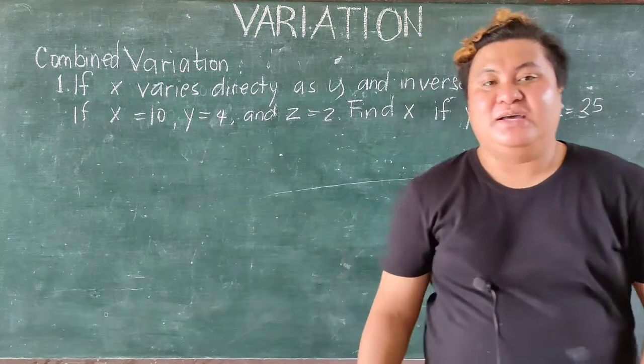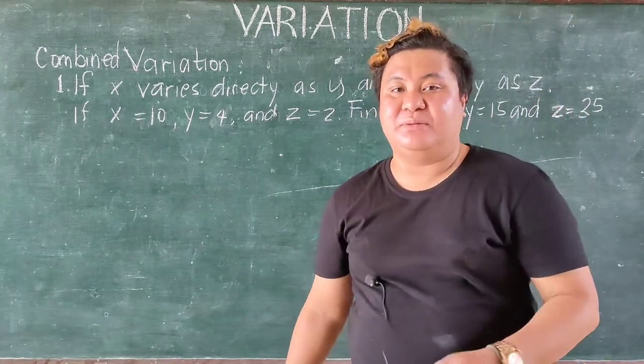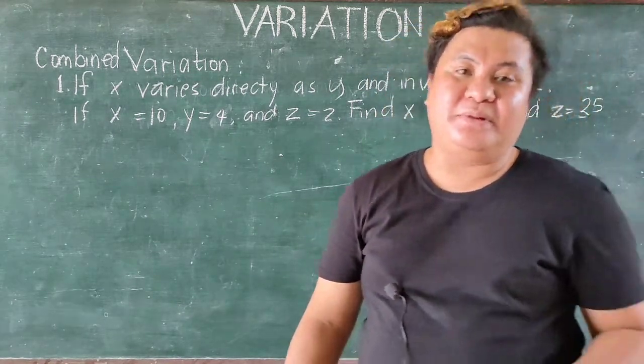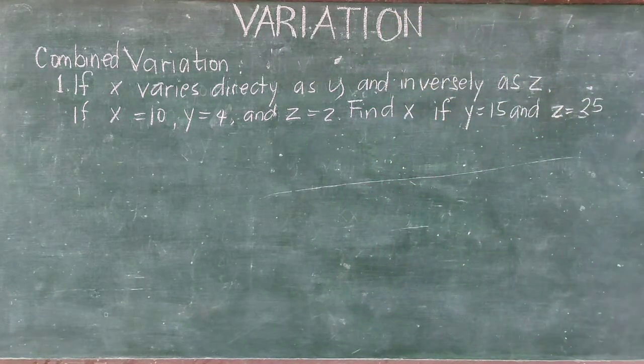Okay, let's have example number 1, and the problem is: if x varies directly as y and inversely as z, and x is equal to 10 when y is equal to 4 and z is equal to 2, find x if y is equal to 15 and z is equal to 25.